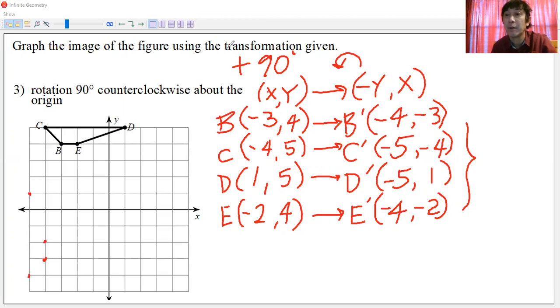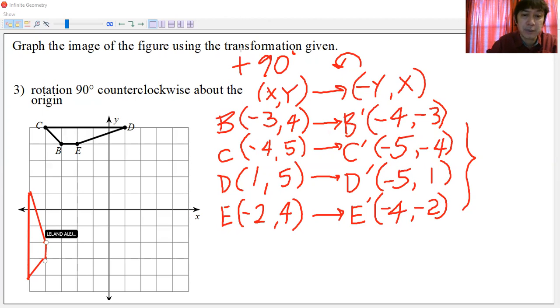We have the 4 vertices of the image. We're going to connect now. Let's start here and then continue and then continue and then close there. Let's just fix that particular side over there.